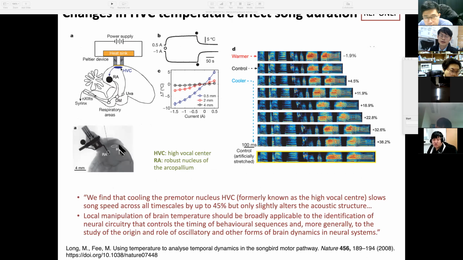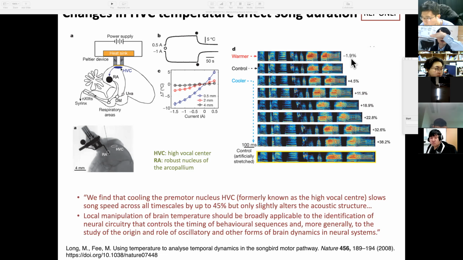The experimenters actually used a Peltier cooling device to cool down a part of the bird's brain called HVC, the high vocal center, and RA, the robust nucleus of the arcopallium. These are very important parts. For deep inside, you see a probe going deep, and they made a device to cool down and see the behavioral change, which is this diagram.